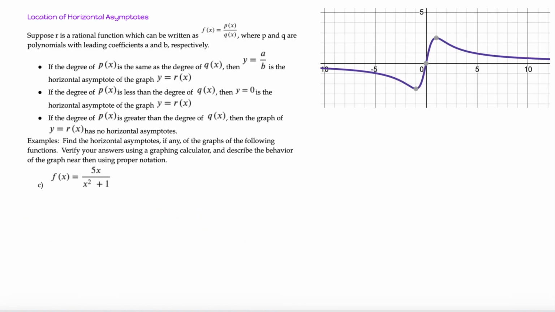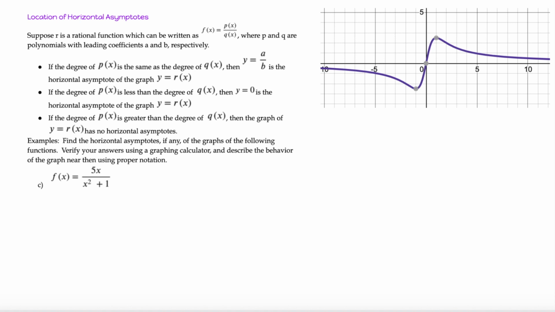Let's take a look at slide 9, where we talk about horizontal asymptotes. There's 3 pieces that we need to consider when talking about horizontal asymptotes. We want to look at the original degrees of the polynomials that we have.